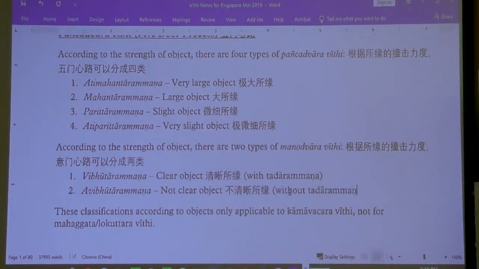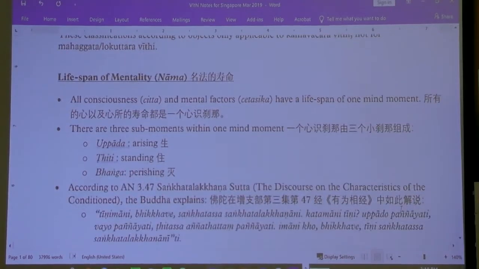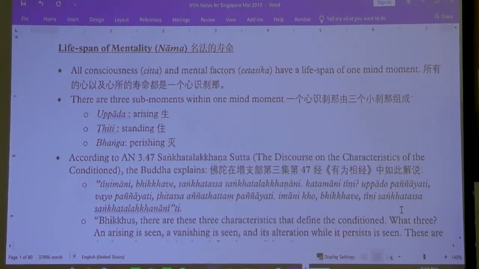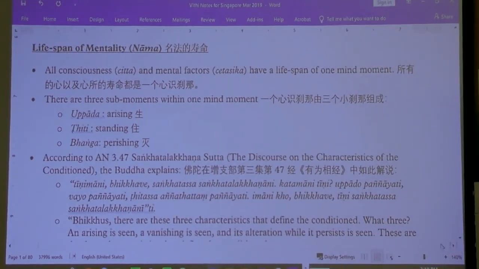Okay, now one more thing, the lifespan of mentality. Now everyone has a lifespan, no? How long is the lifespan for a human being at the current moment? 80, 90. Good. If someone can live 80 or 90, it's very good, very big.